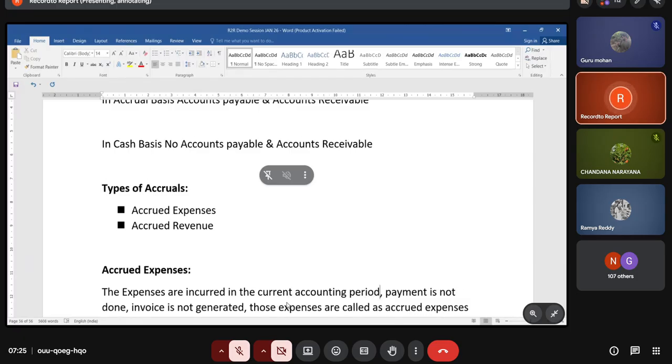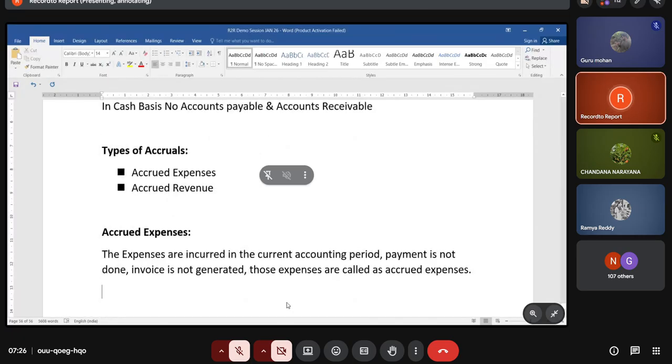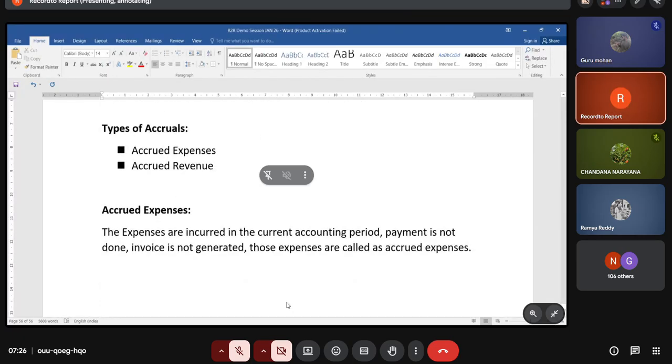Expenses are any expenses, guys, that occurred in the current period where the payment has not been made and the bill is not generated. Those are called accrued expenses.